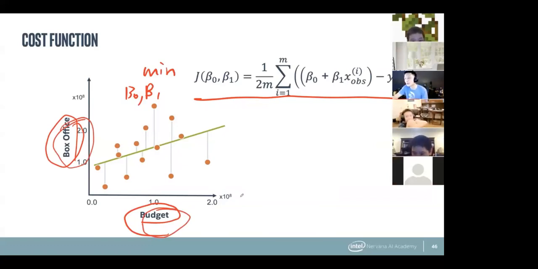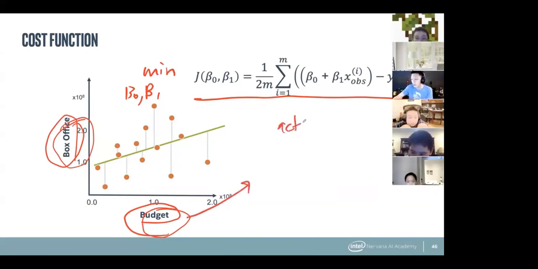And this brings up something very important in machine learning, which is that you need to select your features very carefully, because they will make or break your model. No matter how fancy your model is, if you don't have good data, if you don't have good features, then you will not have a good model. So of course, you can use the budget, but what about the actor and director reputation?